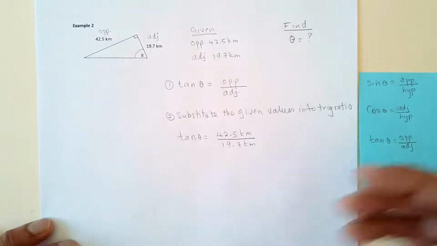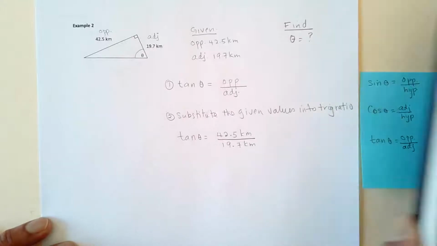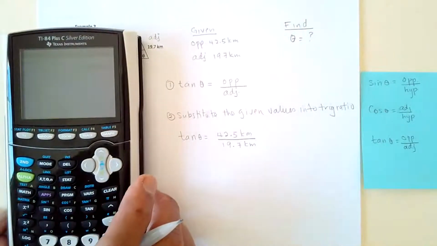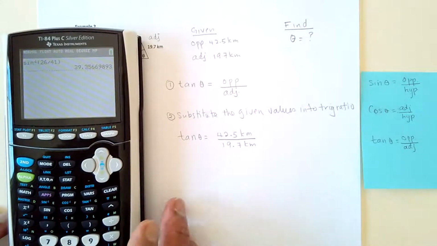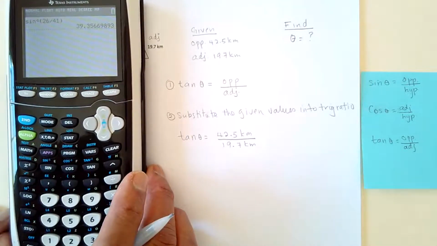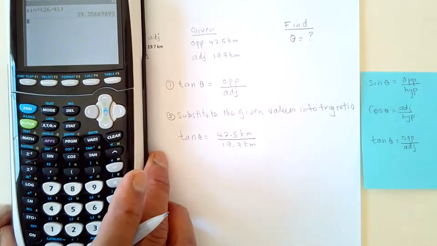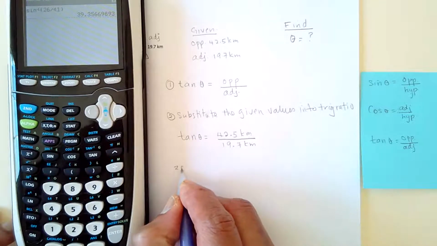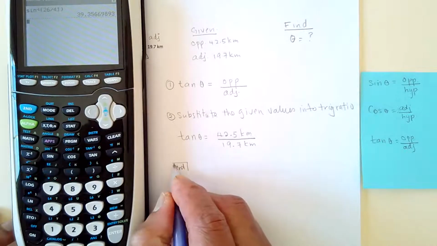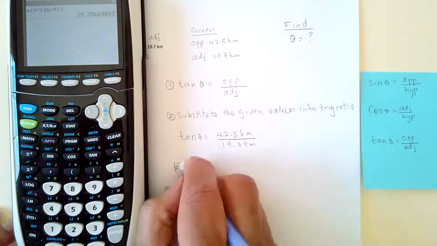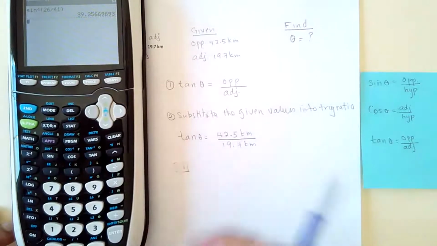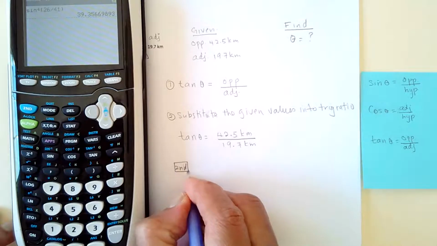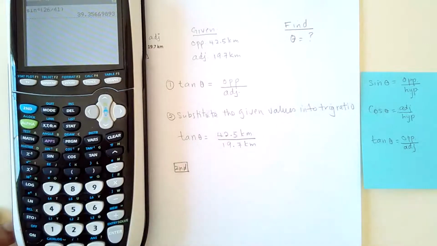And this is where I go back to my calculator. In this case, I still have to go back to my second. Press my second button first.